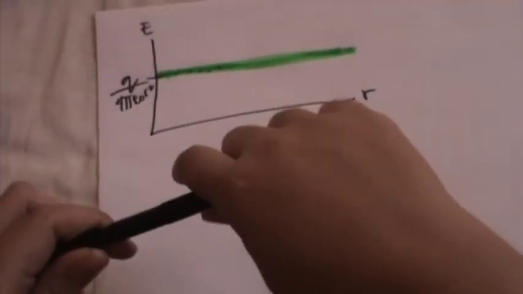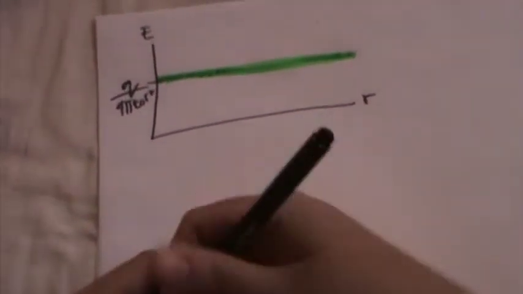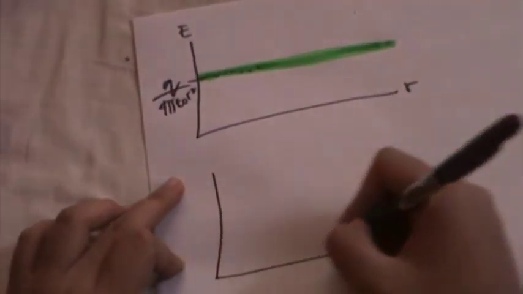While my graph for the electric potential inside and outside, let's create a graph.